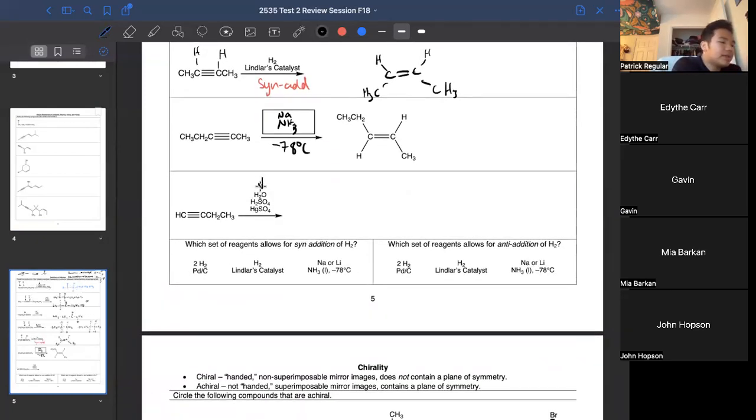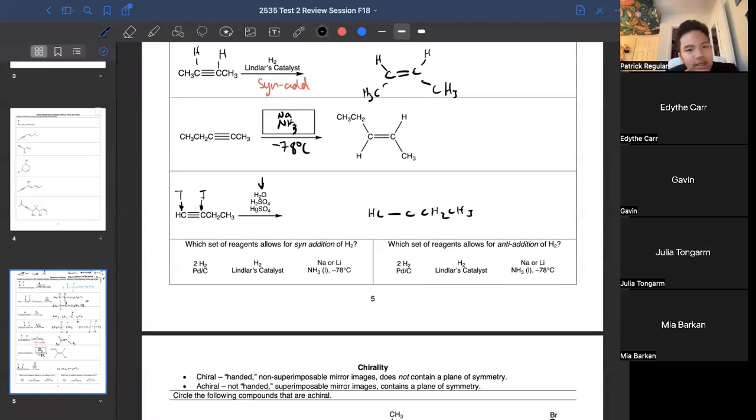All right, here we have mercuration. However, we have a terminal and internal alkyne. Where would the mercuration add? You guys can throw it in the chat as well.